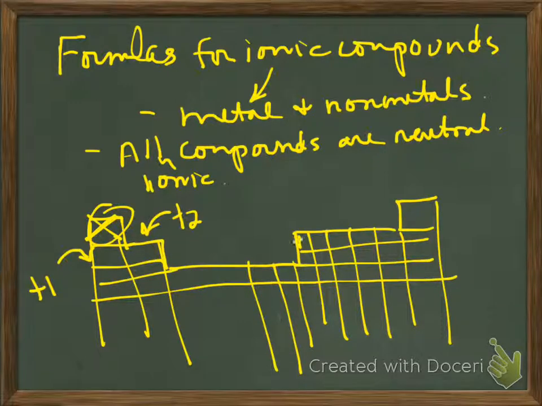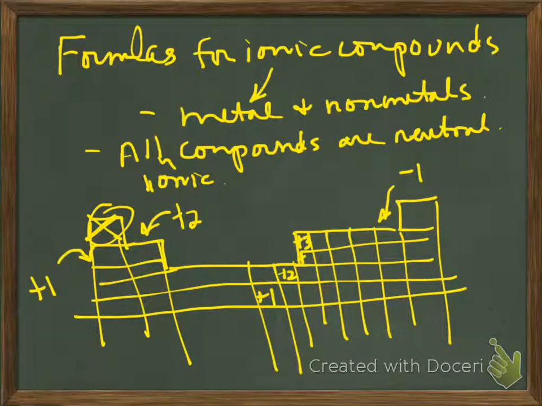Aluminum is a +3. Zinc is a +2. And silver is a +1. Halogens are -1. Group 6 is -2. And nitrogen, phosphorus, -3. Those are the stable ions that they form.